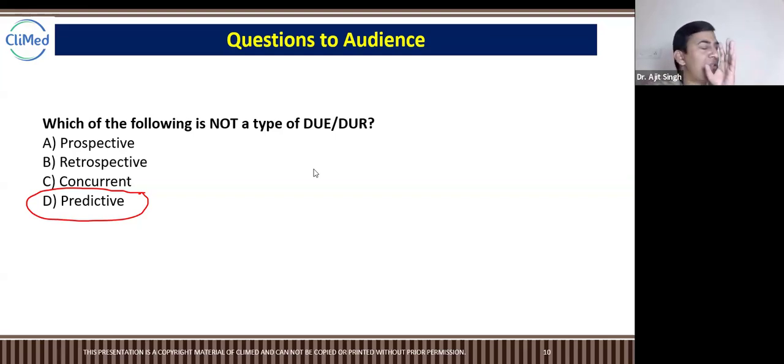No, I'm asking in terms of DUE, in terms of DUR. Prospective is forward-looking studies. I'm asking in the aspect of DUR. Okay, forward looking. Anyone else?